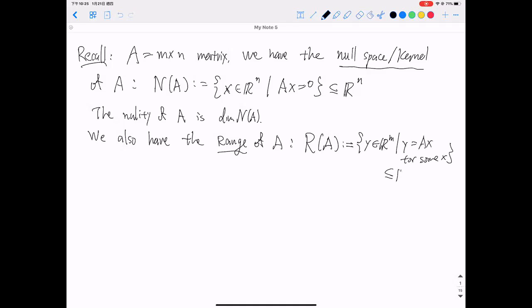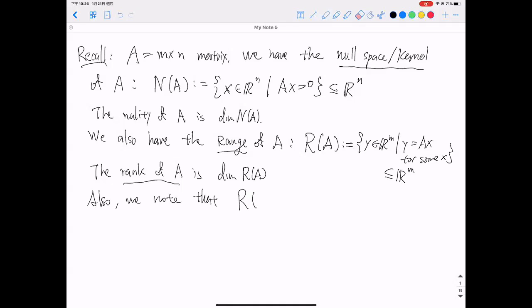So by construction, it's a subset of R^m, and we've shown that it's a subspace. And the rank of A is the dimension of this range.